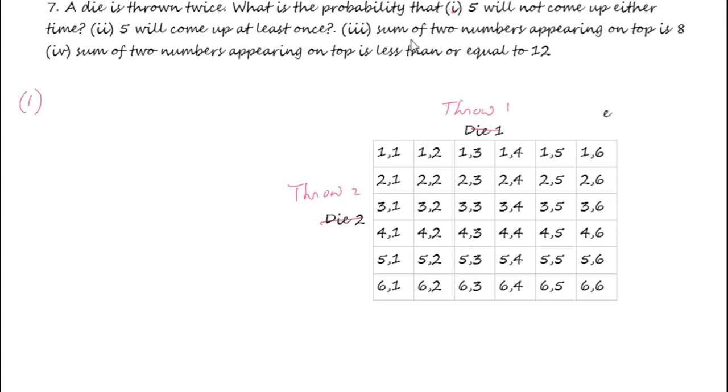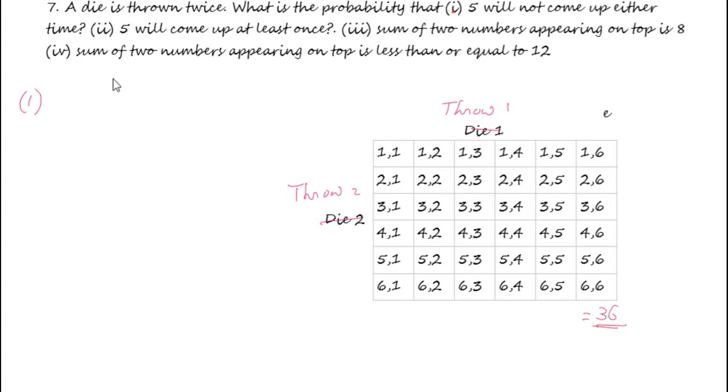Now before that, let me explain this table. When a die is thrown twice, you can have first time 1, second time also 1, or first time 1, second time 2, or first time 2, second time 1. So there are totally 36 different combinations.